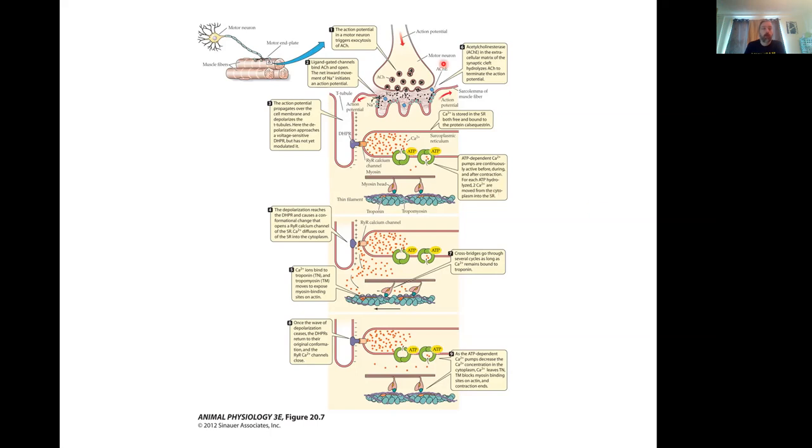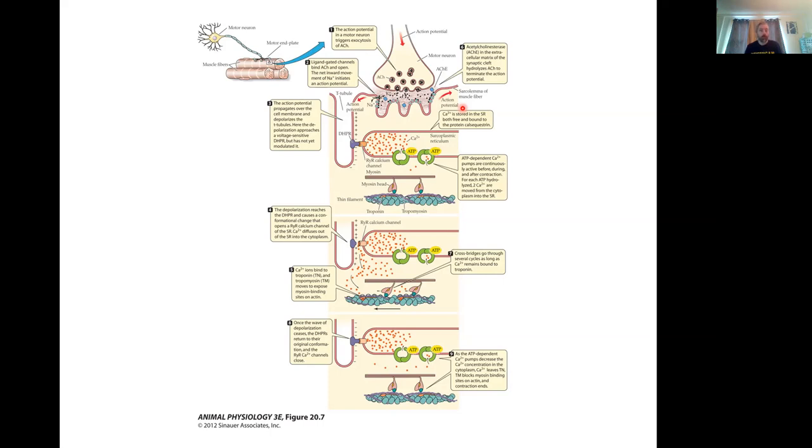Here we have our axon terminal, our little neuron. We have an action potential traveling down the axon, coming to the end and releasing neurotransmitter, just like before. And here we have a synapse, just like before, only now the postsynaptic cell, the one on the other side, is a muscle fiber. It's not a neuron.